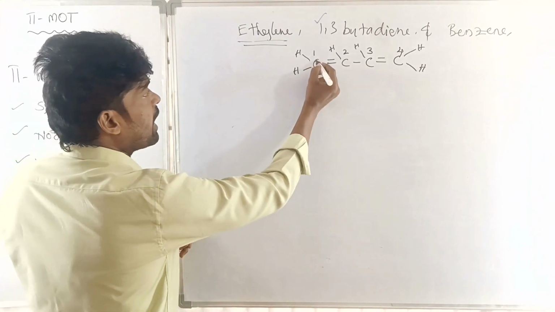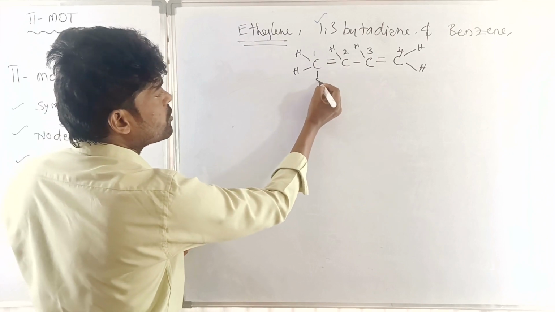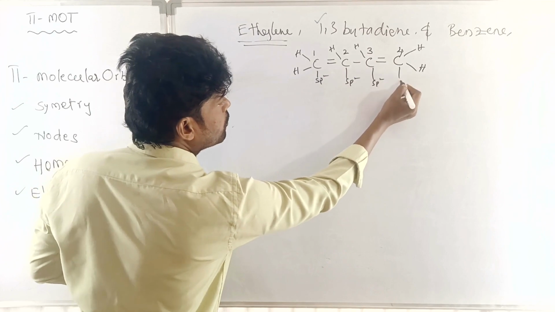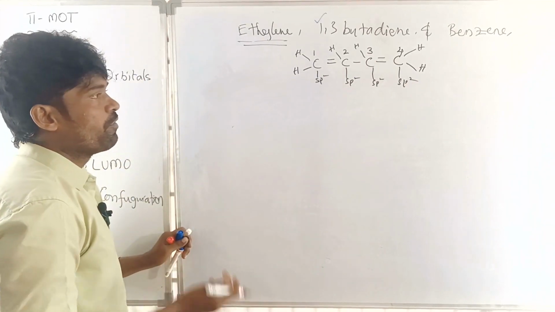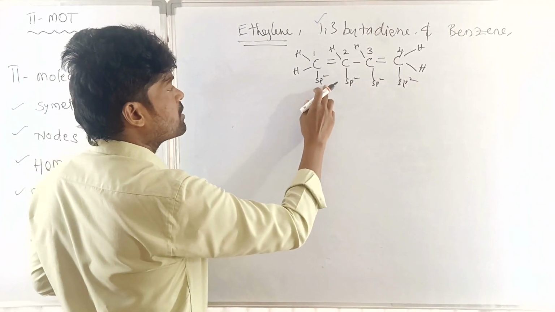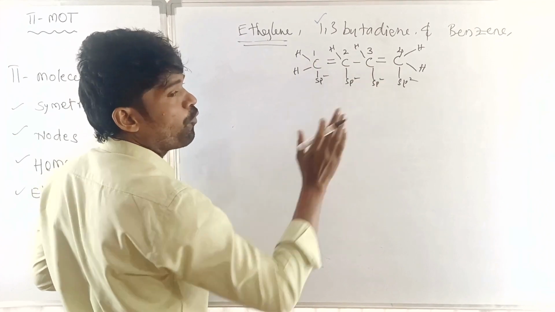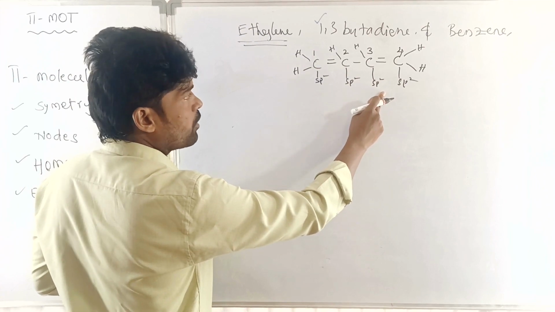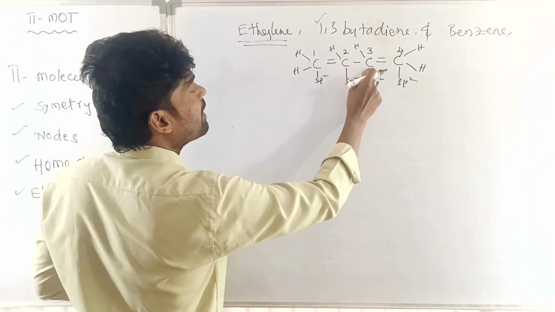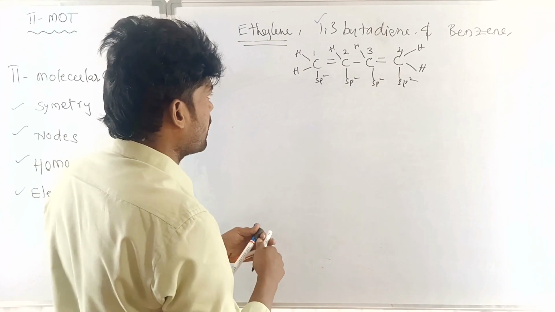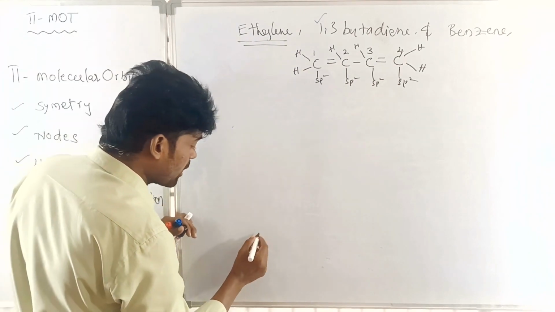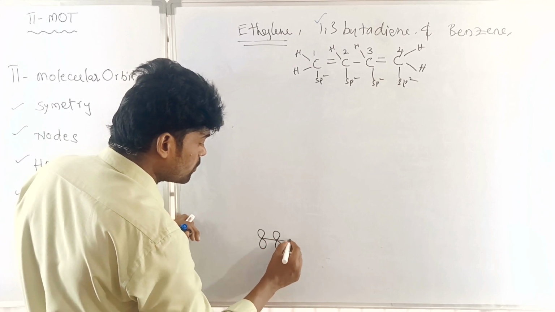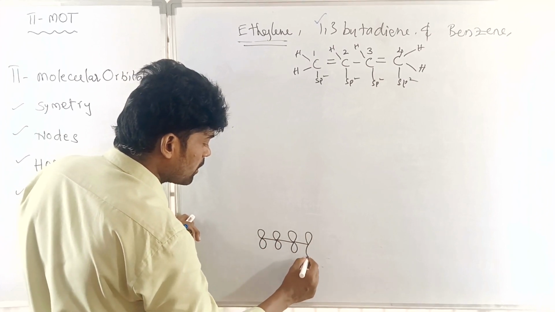This carbon is in sp2 hybridization, this one also sp2, this one also sp2, this one also sp2. When carbon is under sp2 hybridization, it has an unhybridized p orbital, so four unhybridized p orbitals will be there: 1, 2, 3, 4.